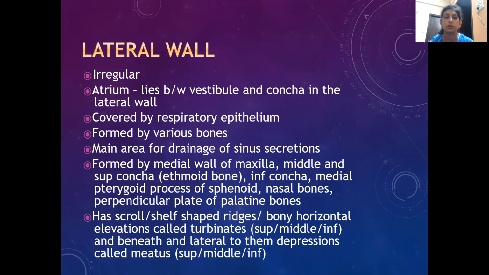It has scroll-like or shelf-like ridges or bony horizontal elevations, which are called turbinates: superior, middle, and inferior turbinate. Beneath and lateral to them are the depressions, which are called meatuses: the superior, middle, and inferior meatus.